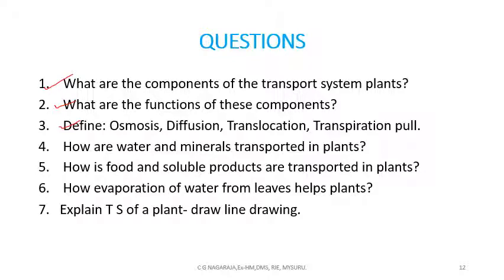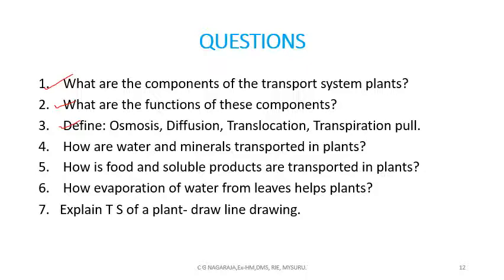Define osmosis, diffusion, translocation, transpiration pull. Osmosis is a process in which solvent molecules move from a region of higher concentration to a region of lower concentration. That mostly happens at the root system. Diffusion refers to physical movement of molecules from higher concentration to lower concentration. Example, if you put a sugar cube in the water, the sugar cube dissolves because the concentrated sugar molecules will dissolve into water.